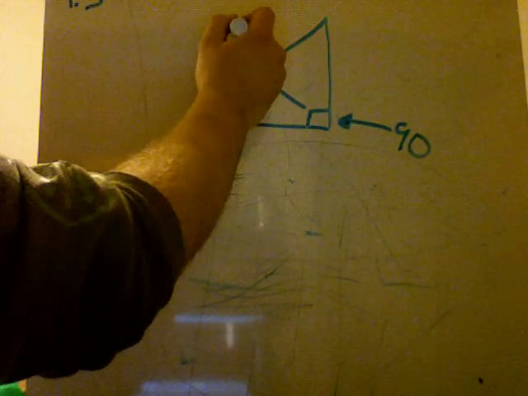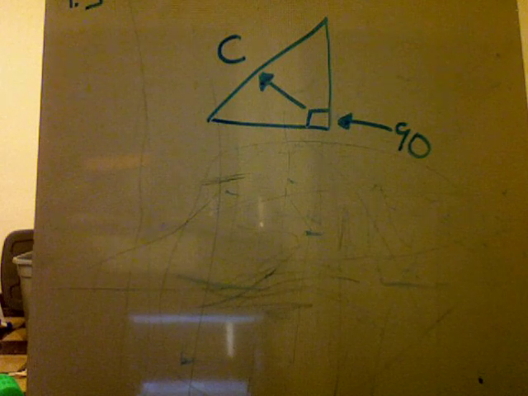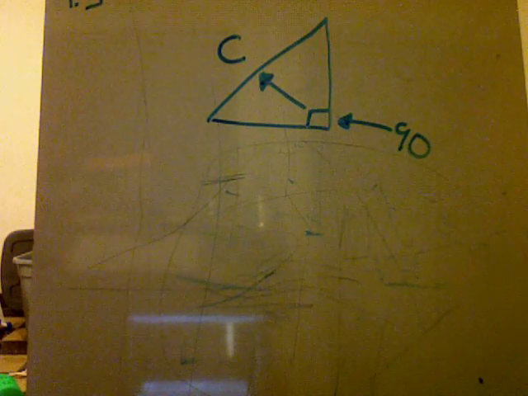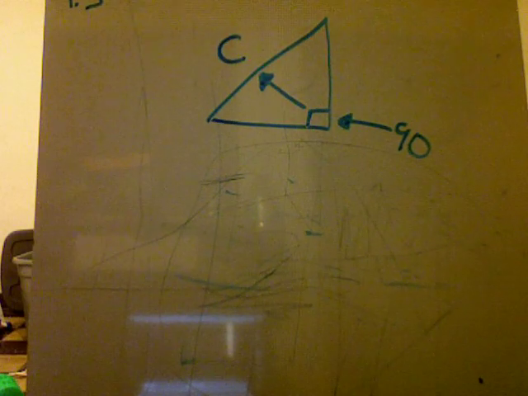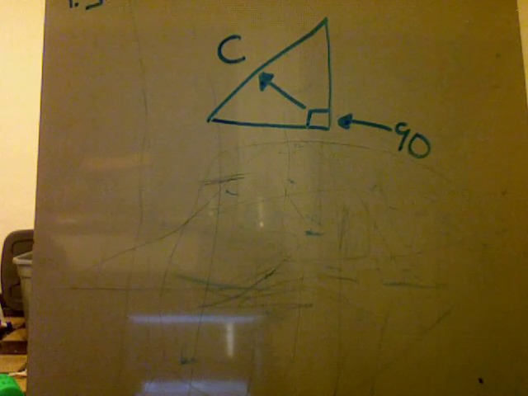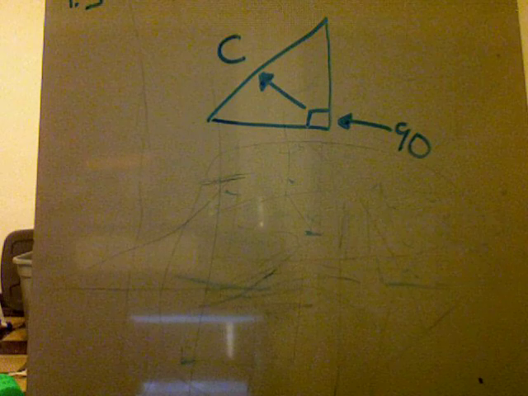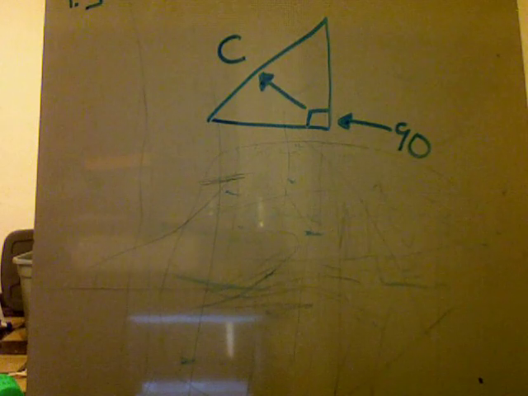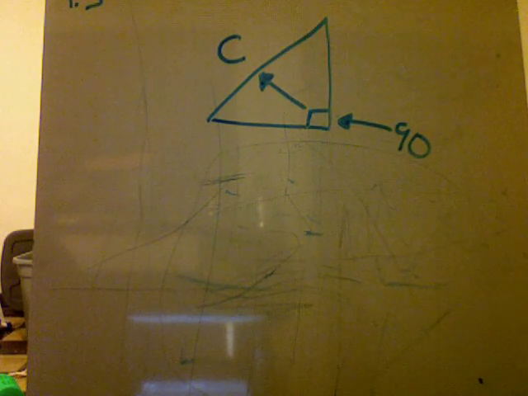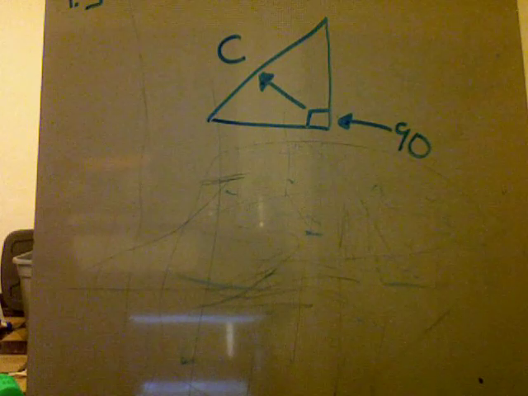Okay? And that hypotenuse we always label as C. And it turns out that the C here is always the longest side of any right triangle. Okay? It's the longest side, period. The hypotenuse is the longest side, period, of a right triangle.